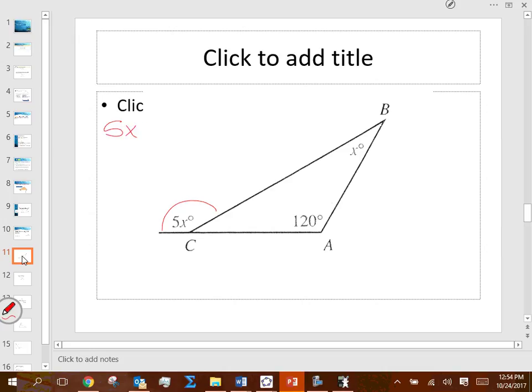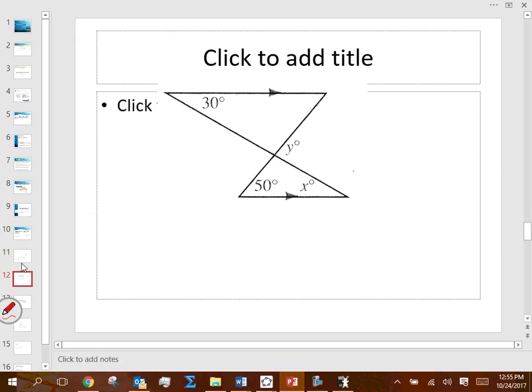What's 5x equal to, guys? X plus 120, right? Okay. That's an exterior angle. And this is a remote interior. And this is a remote interior. So add the remote interiors together and set them equal to your exterior. Okay. You can solve that. I'll let you solve that on your own. You can then find the individual angles there for that.